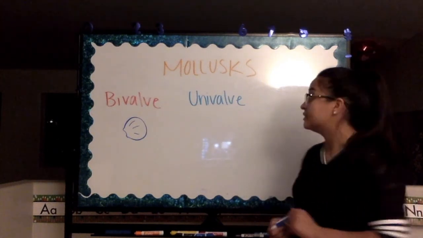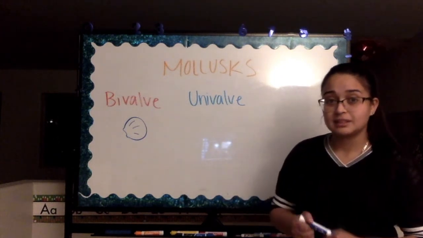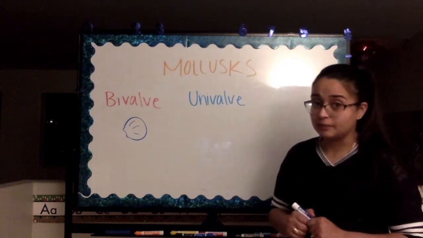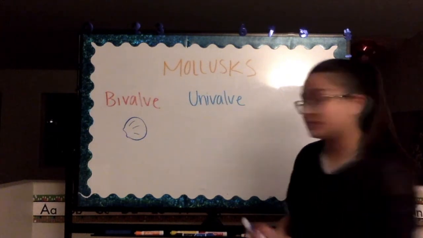Now we have the univalve mollusks. The univalve mollusks usually have a shell that is coiled. For example, snails.